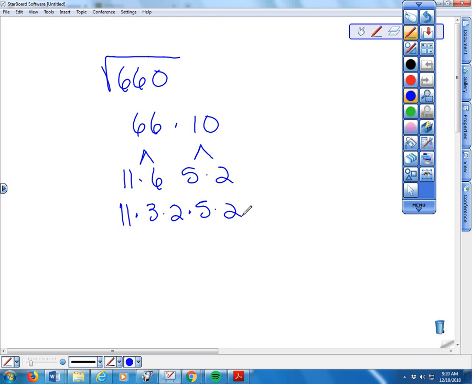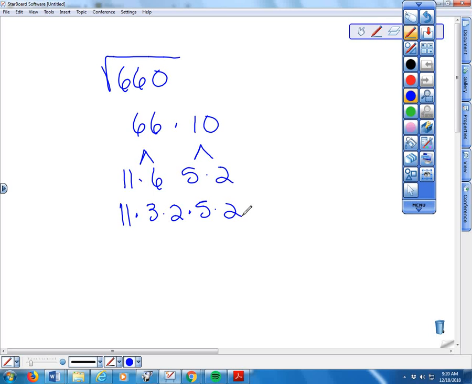Okay, 11 times 3 times 2 times 5 times 2, right? If you can't think of a perfect square that goes into it, one strategy is to take 660 and start with your perfect squares. Maybe start with the biggest one, 36, probably not. Take 660 divided by 36, is it even?